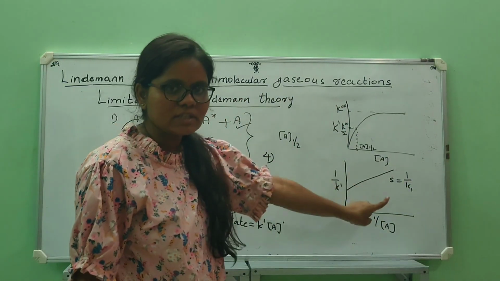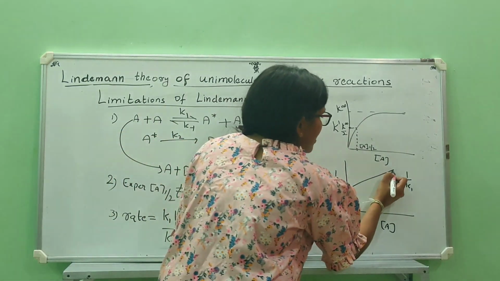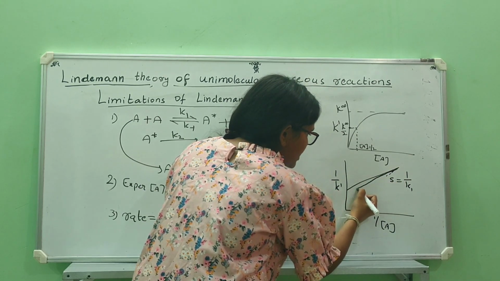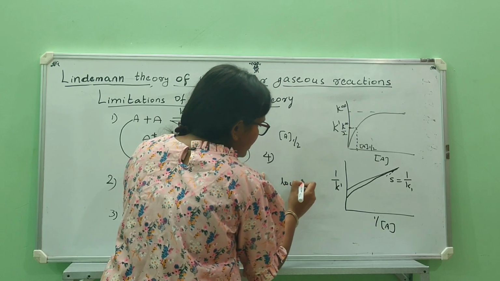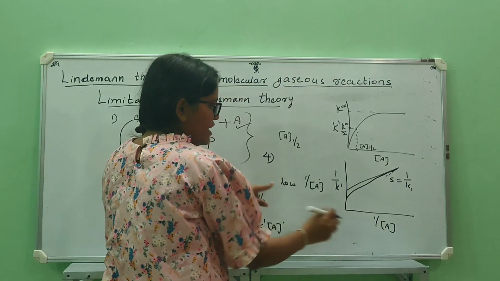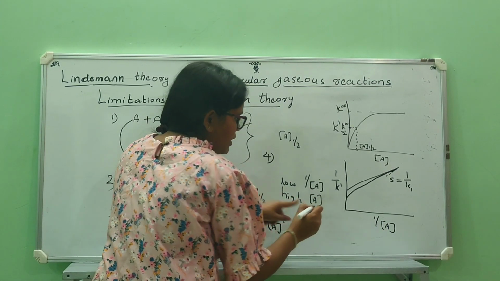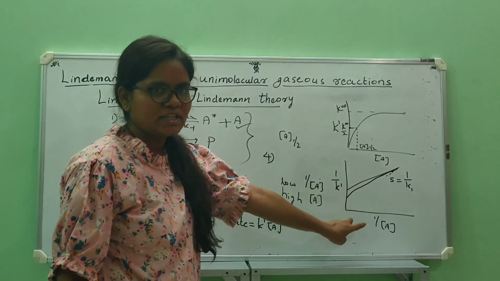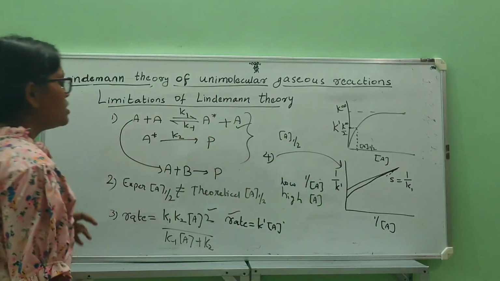So this is the theoretical graph between 1 by K dash and 1 by A. But experimentally it was found that this graph deviates from linearity at low values of 1 by A, that is, at high A, high concentration or high pressure of gas. So this is the fourth limitation of Lindemann theory.